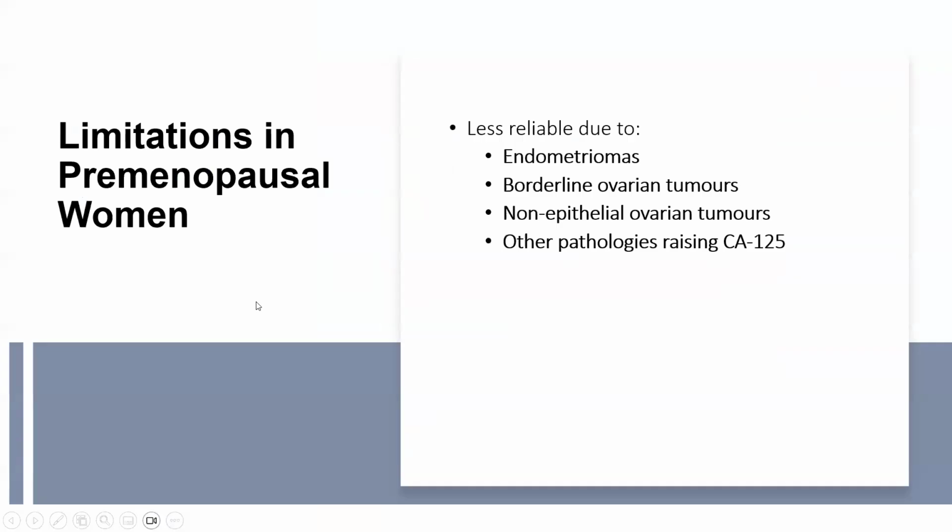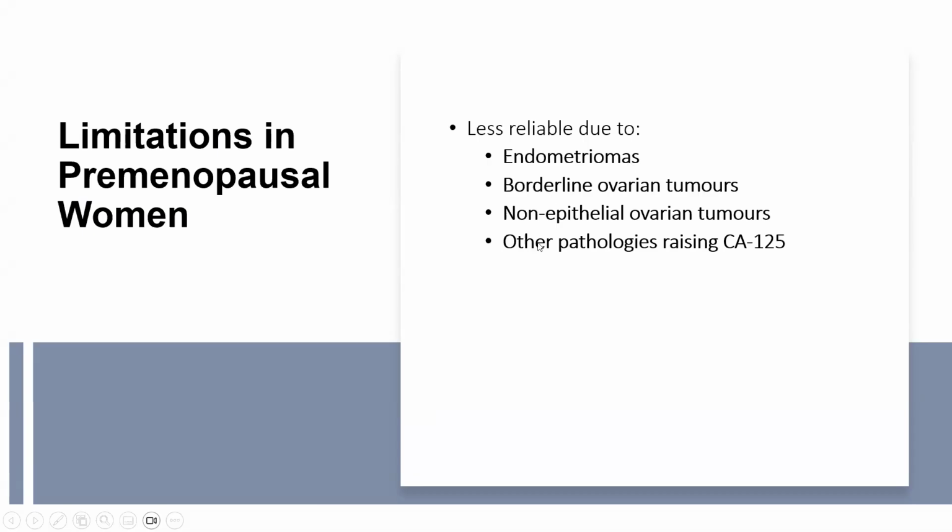In premenopausal women, what is the limitation of using RMI? It is less reliable due to endometriomas, borderline ovarian tumors, non-epithelial ovarian tumors, and other pathologies which have raised CA125. In non-epithelial ovarian tumors, CA125 is not raised. In borderline, it's not raised. In endometriomas, it is raised.